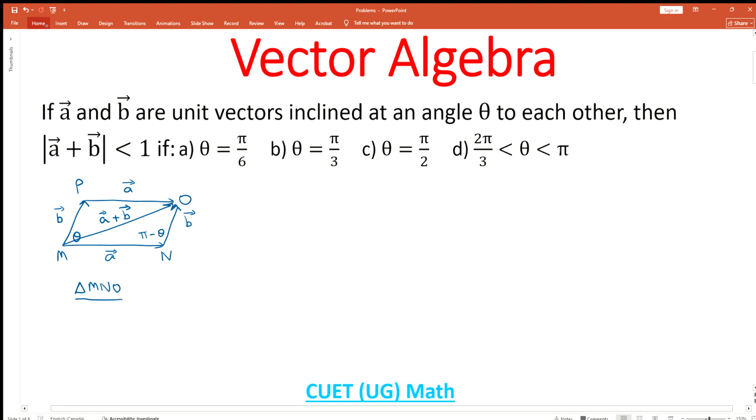We are given that vectors A and B are unit vectors. That means magnitude of vector A is equal to 1 and magnitude of vector B is equal to 1.